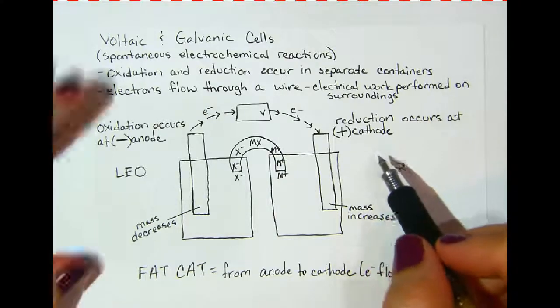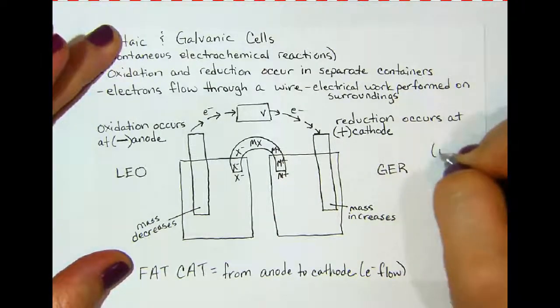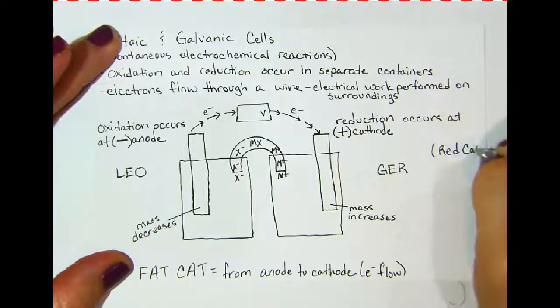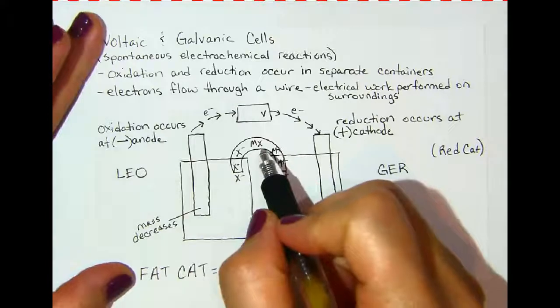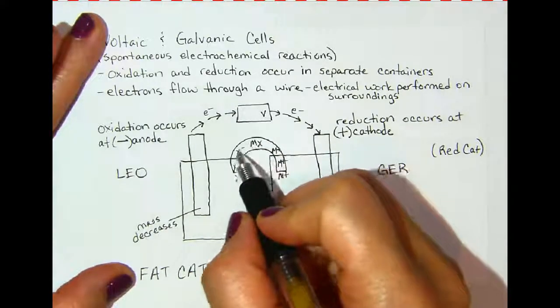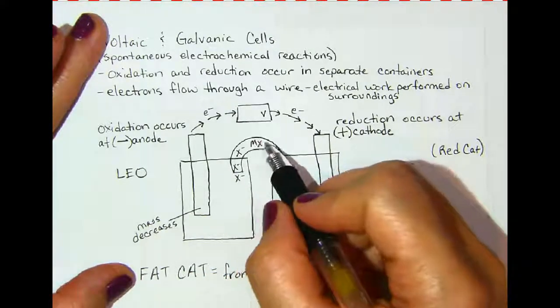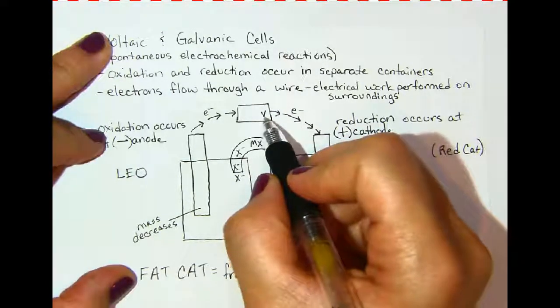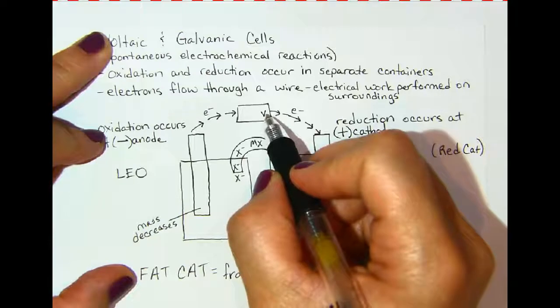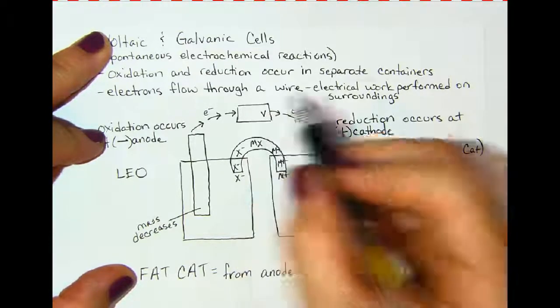And remember, we had the red cat that could be used to remember that reduction occurs at the cathode. The salt bridge, anions are going to flow toward the anode and cations are going to flow towards the cathode. The voltmeter, or EMF, measures the flow or the electrical current.